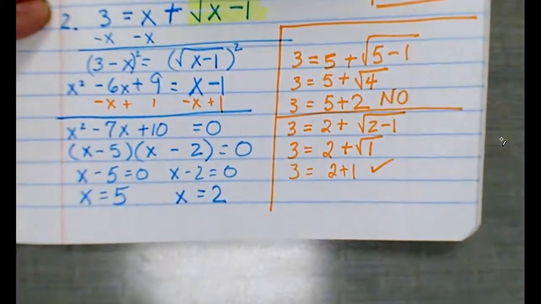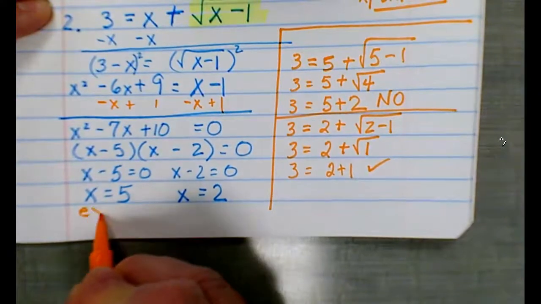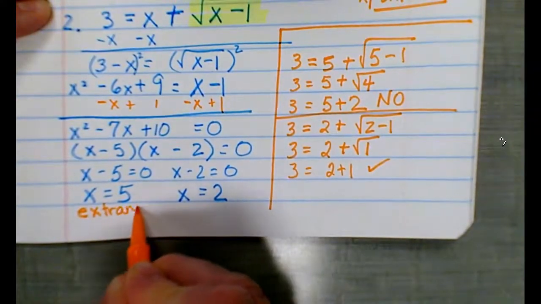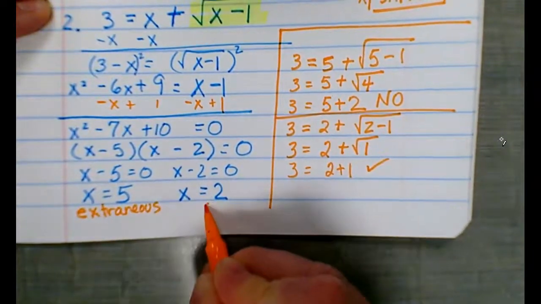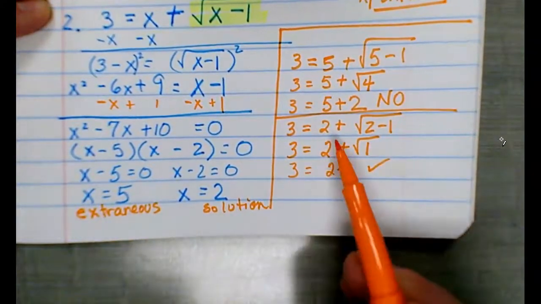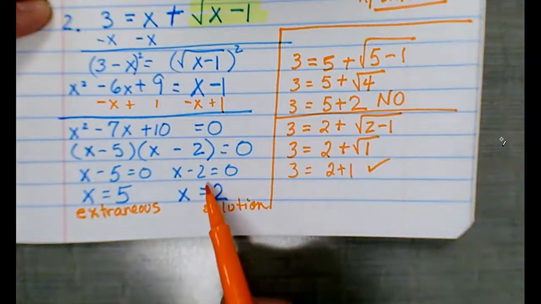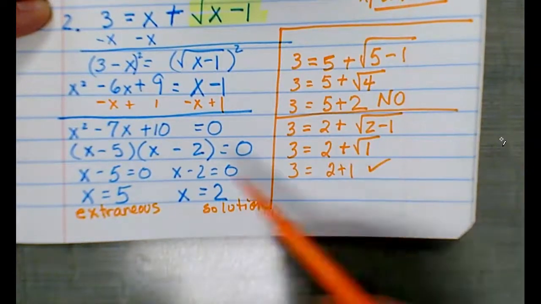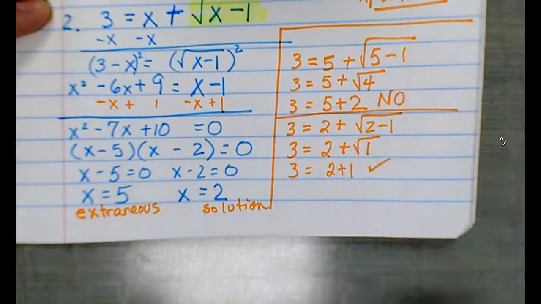So what does that mean? It means this number is extraneous and this number is a solution. When I substituted the 2 in, it checked out. When I substituted the 5 in, it did not check out.